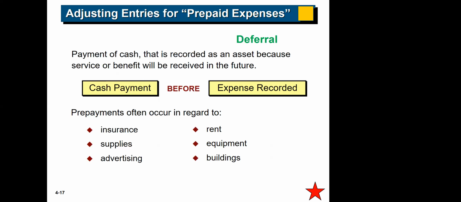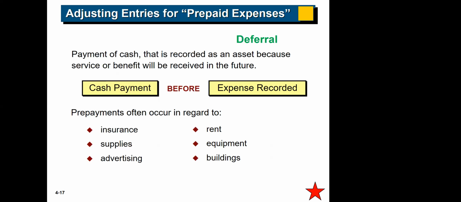When they actually occur, you buy supplies, you debit supplies, you credit either accounts payable if you haven't paid for it yet, or cash if you paid for it.